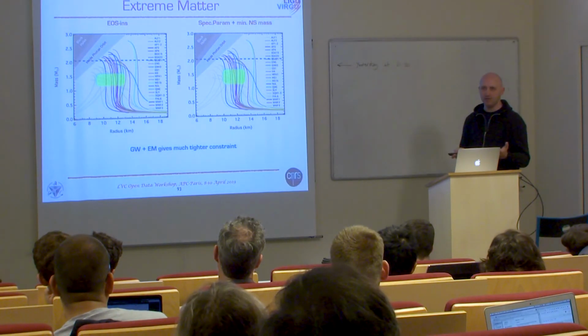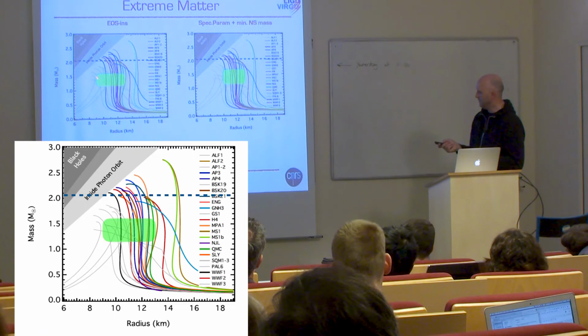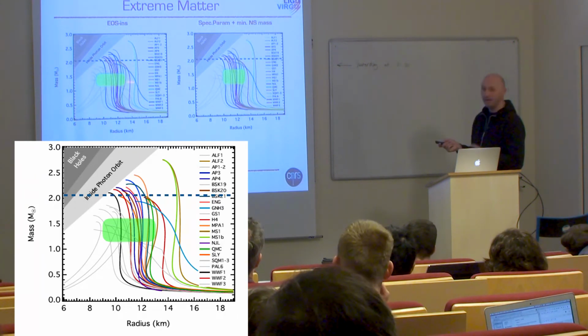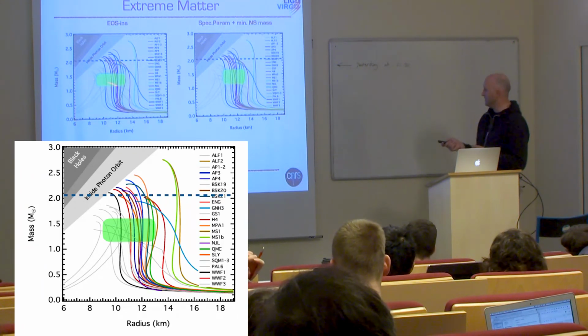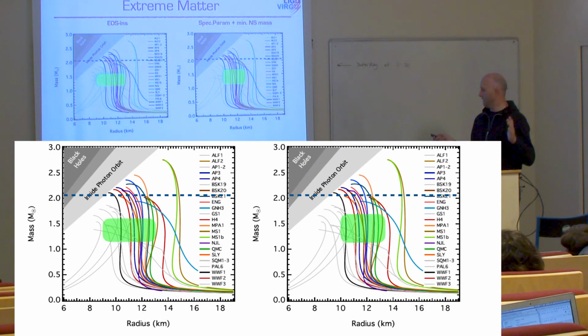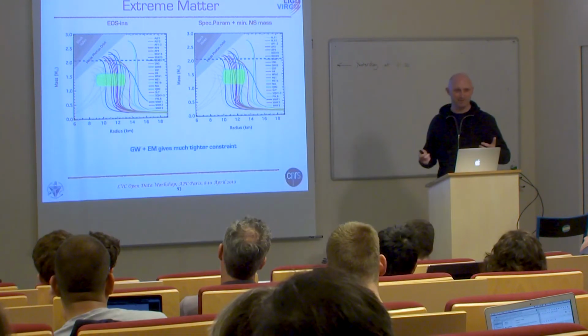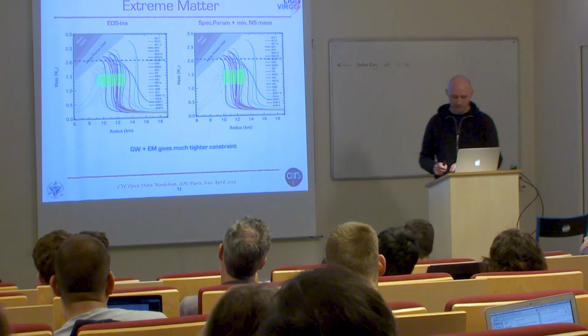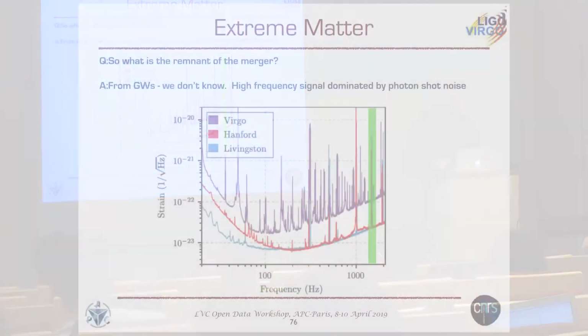So if you use gravitational wave information only, it fits into this green box. If you fold in the observational evidence, then it shrinks in radius to this green box here. So it doesn't rule out that many of the theories, right? It's a result, but it's not a fantastic result, but it shows that we're making a contribution.